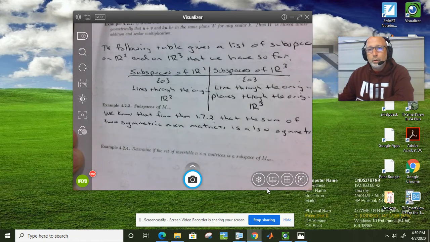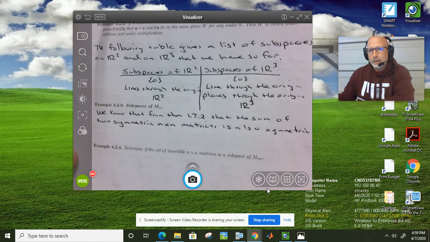So we're dealing with closure. When you add two symmetric matrices together, you get another symmetric matrix. And I think it should be pretty clear that when you multiply by a constant, it will still be symmetric.